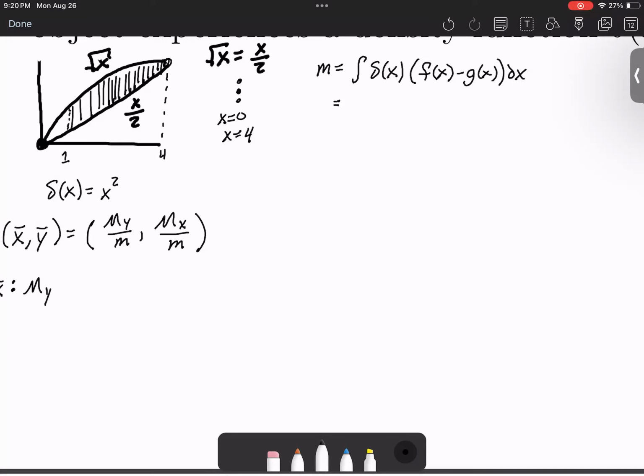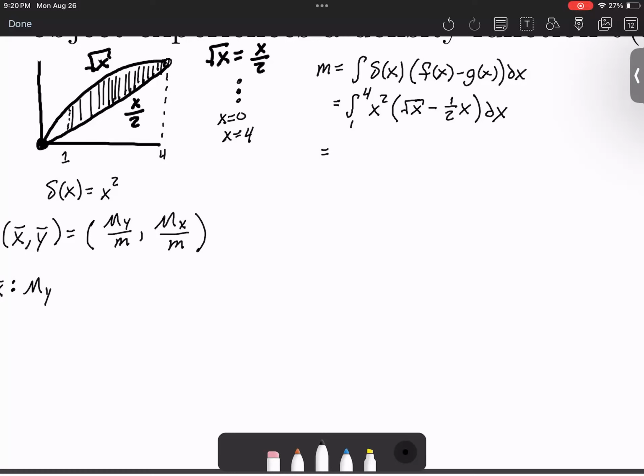Here, I will run through the integral. Our bounds of integration are 1 to 4. The density function is the x squared function. The top curve is the square root of x. The bottom curve is the 1/2 x function. Now I want this video to be focused on how to find centers of mass.